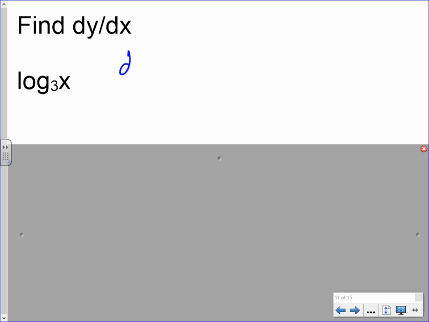If we take the derivative, what are we going to get, Tammy? You're going to get 1 over x natural log. Good. 1 over x natural log of 3. We still have the 1 over x, but since it's log base 3, we have to multiply that denominator by natural log of the base, which is 3. Okay.